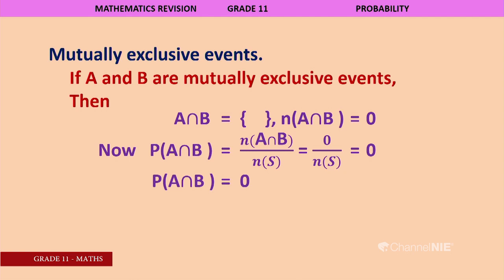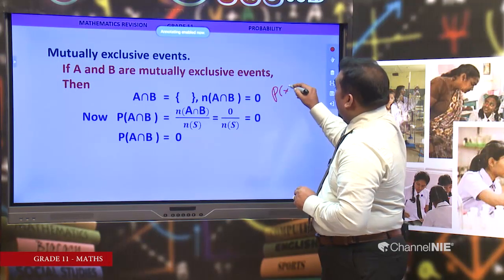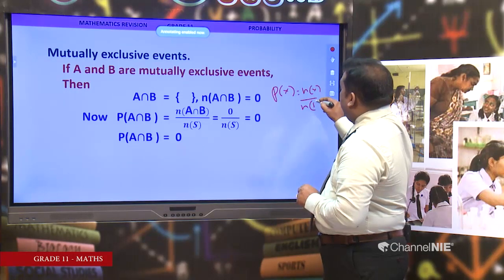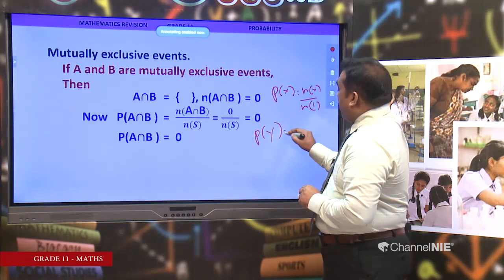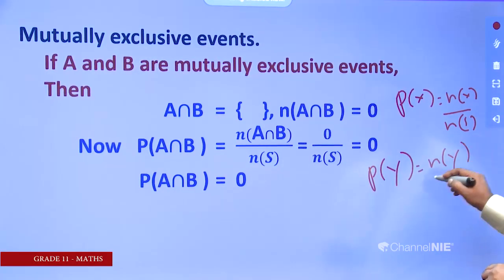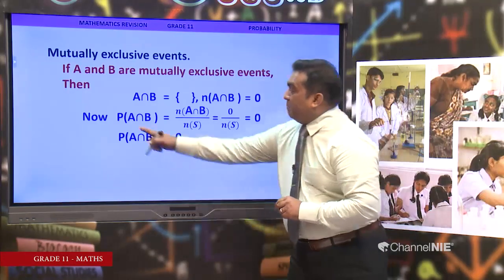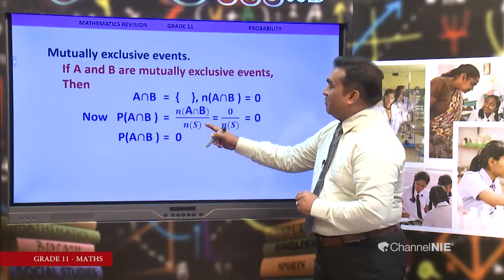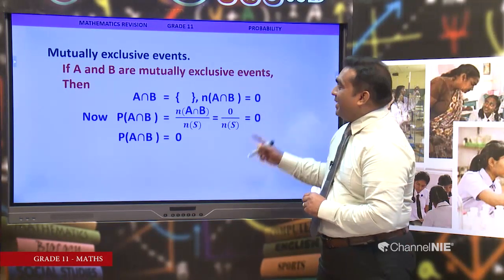Can you remember the pattern? Here, if you have P(A), N(A) over N(S), right? If you have P(x), how to define it? N(x) over N(S). If you have P(y), how to define it? N(y) over N(S). Likewise here, P(A intersection B) is equal to N(A intersection B) over N(S). 0 over N(S) is equal to 0.